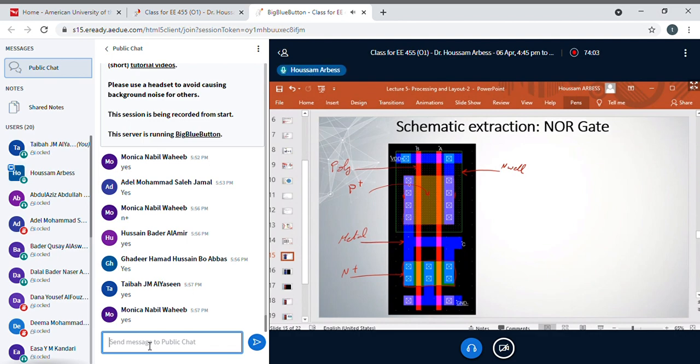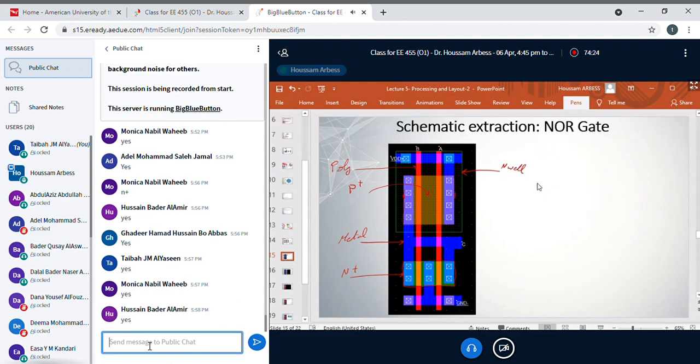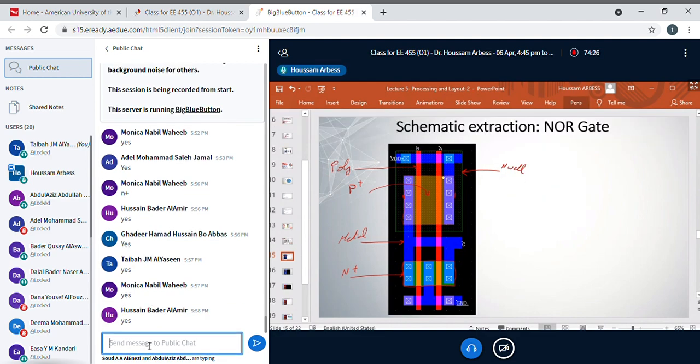So you can see that I have P plus in the whole area here. But once I have polysilicon, that means I don't. Okay, guys? Did you get this point? I need to repeat it. I will repeat.